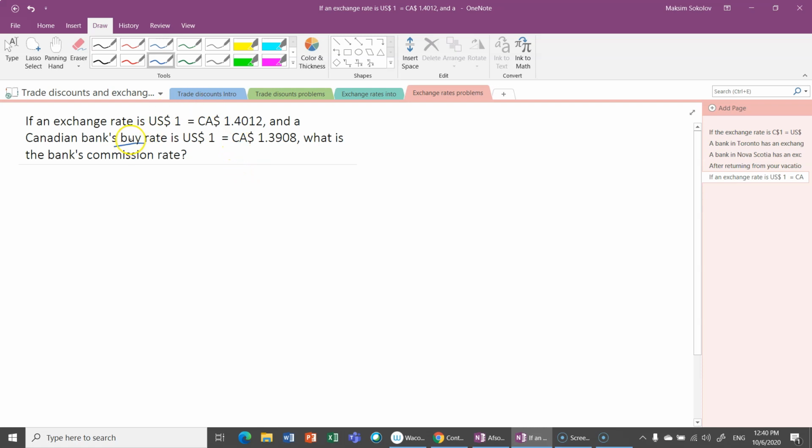So that's the buy rate, right? And what is the buy rate? The buy rate in Canada is when you take that domestic side of the exchange rate and subtract commission, right? So when the bank buys, and when we're talking about the bank's buy rate, commission is being subtracted from the domestic side of the exchange rate.